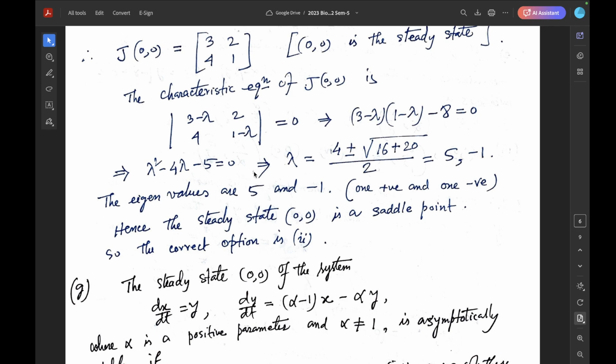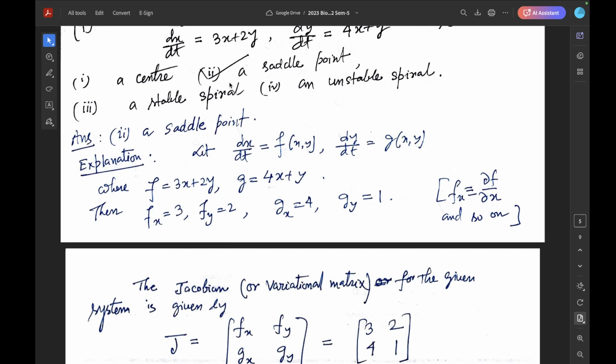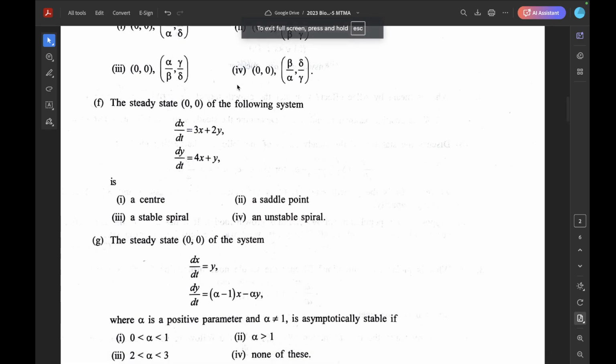Eigenvalues are 5, positive, and minus 1, negative. Hence, the negative eigenvalue is stable and the positive eigenvalue is unstable. So the steady state is a saddle point. Correct option is 2, saddle point.